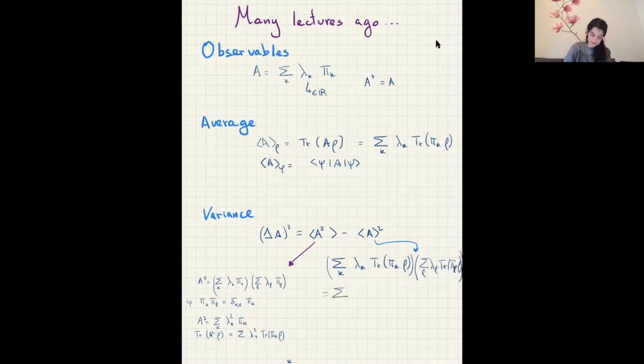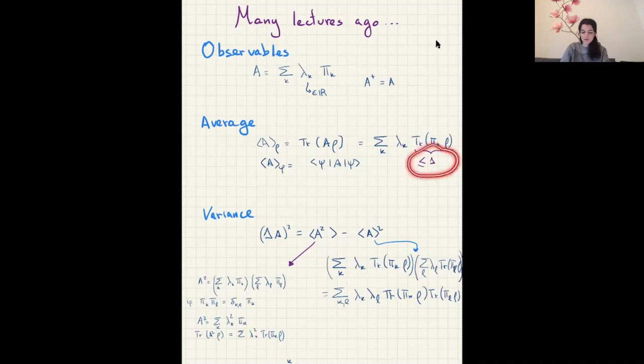So that's the sum over K and L, lambda K, lambda L, and then trace of pi K rho, trace of pi L rho. What's important here is to note that each of these is smaller than 1, unless they're perfectly aligned.